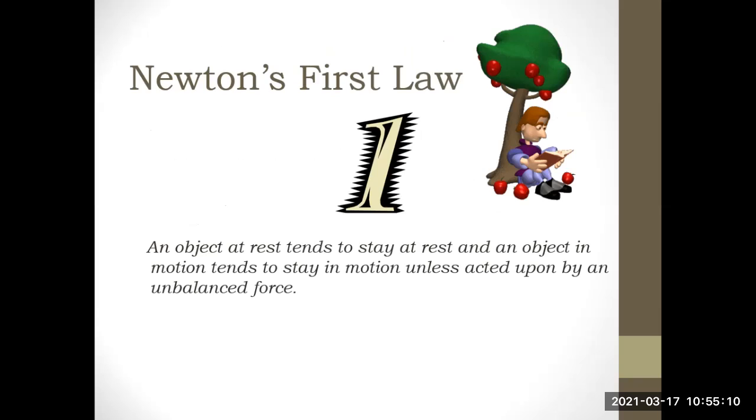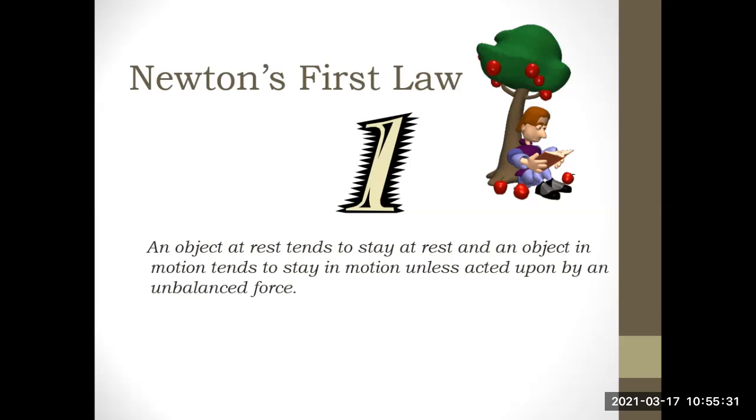What is the statement of Newton's first law of motion? An object at rest tends to stay at rest, and an object in motion tends to stay in motion unless acted upon by an unbalanced force.